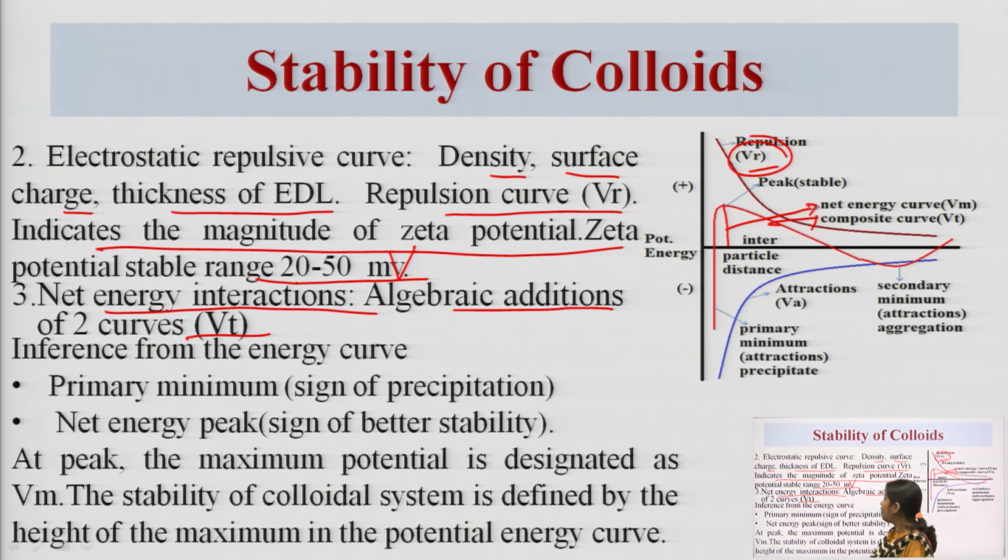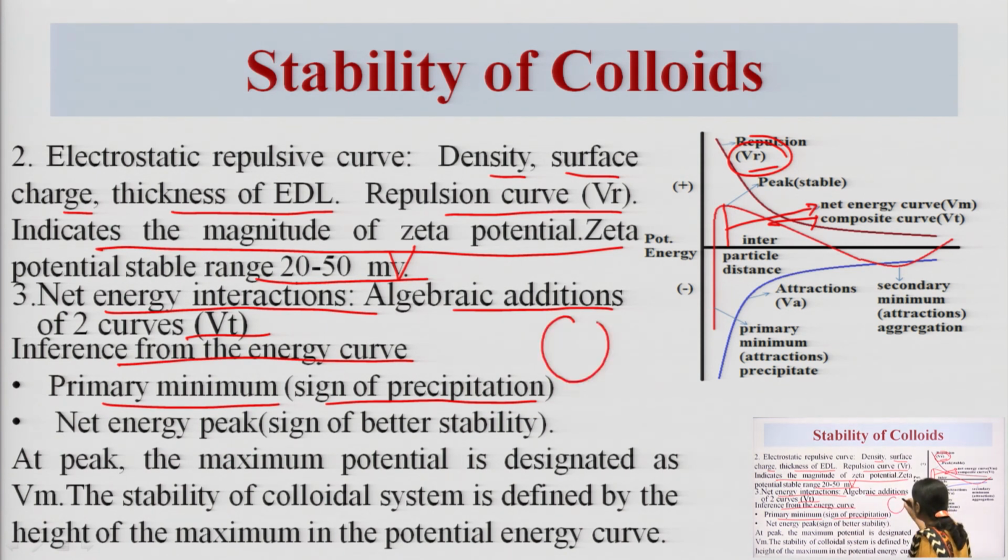So, what can we infer from this energy curve? We can infer a primary minimum, which is a sign of precipitation. In this case, the particles come very close to each other. If the distance between the two particles is decreased and they come very close, then precipitation takes place. Why?